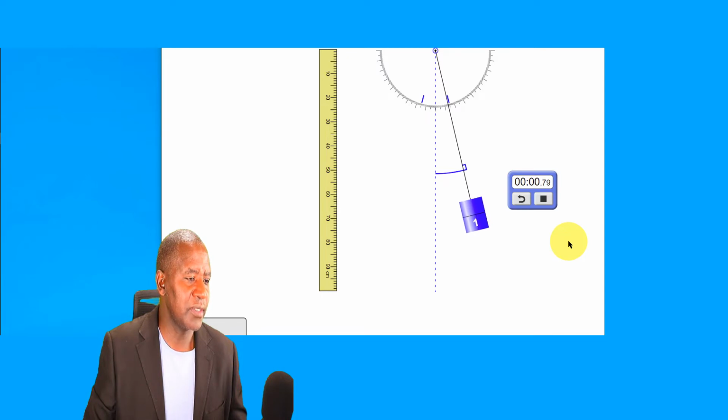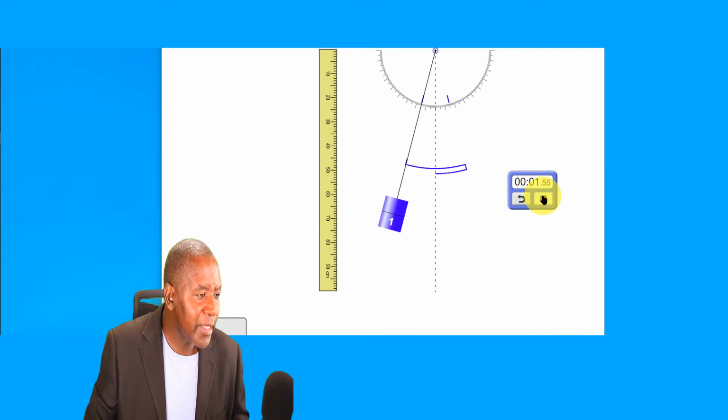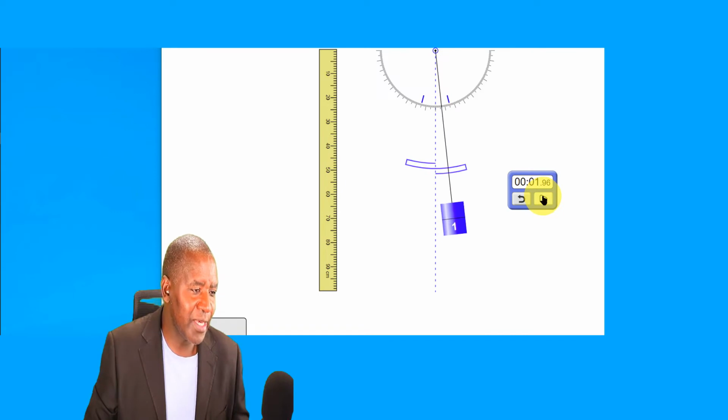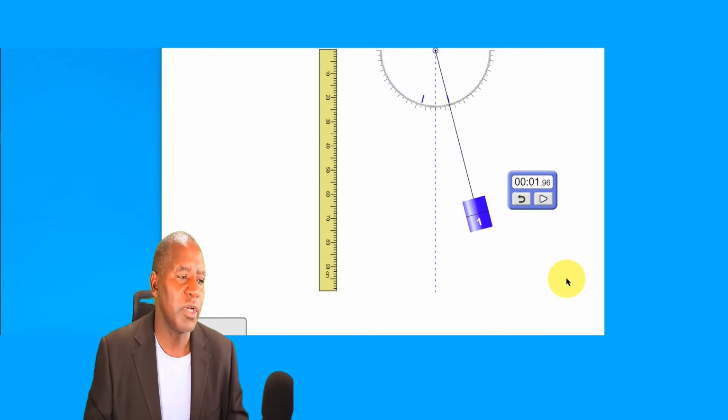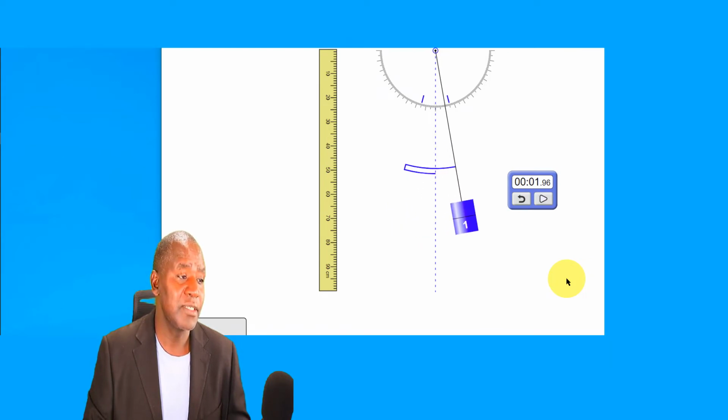First quarter, second quarter, and then the third quarter, and then when we are at the fourth quarter there, I stop the stop clock, and that tells me that the time taken by this bulb to make one complete oscillation is 1.96 seconds.